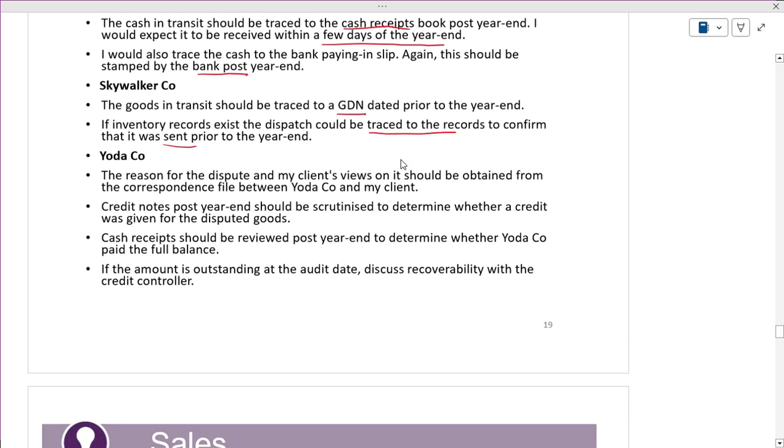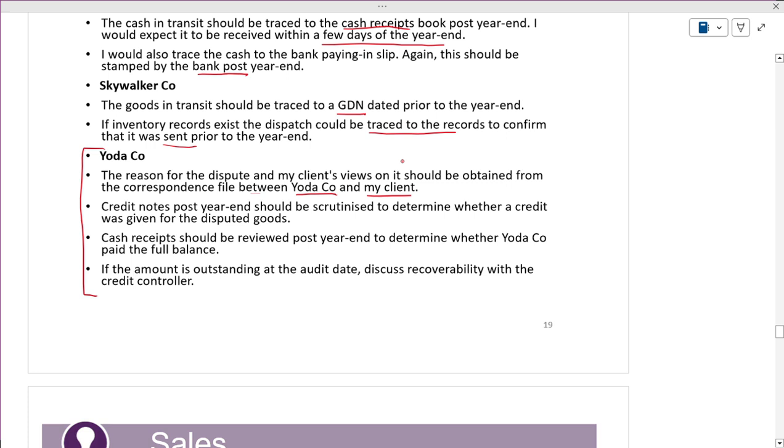The last one is a dispute, and in most cases we will come across this. The reason for the dispute and my client's views on it should be obtained from the correspondence file between the other party and the client.